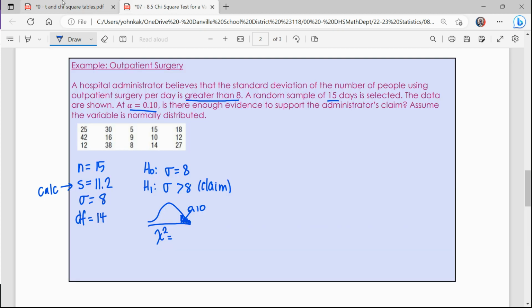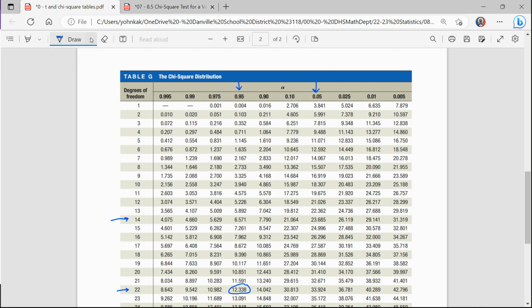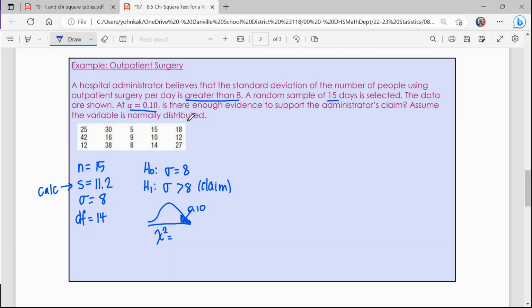I'm at 0.10, so that is right here. So I'm going to find my critical value of 21.064. All right, let's find our test statistic.